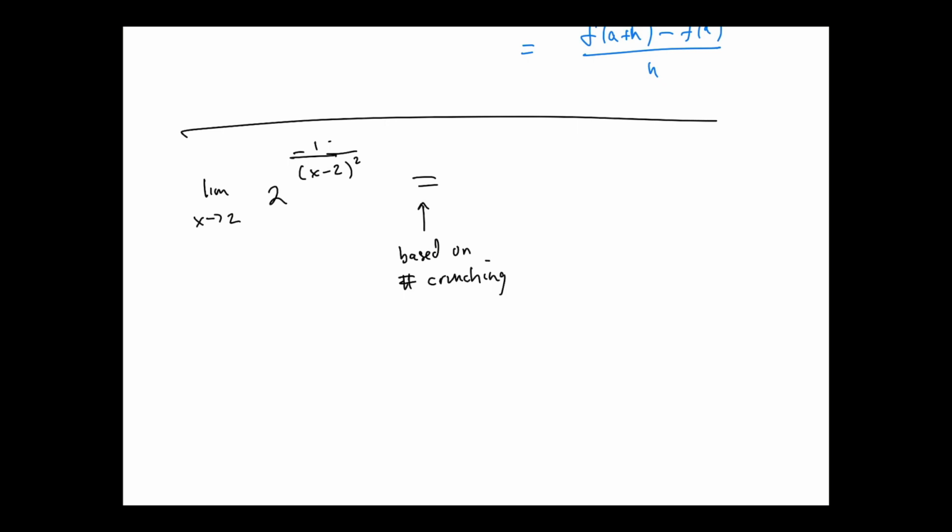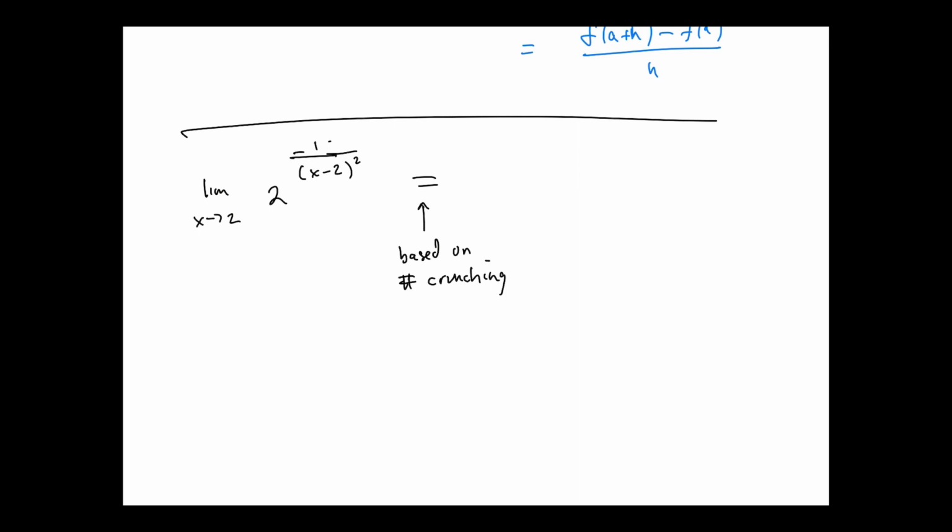Okay, so now here's the difference. Where did the 2 come from? The x values are getting close to 2. And what we're asking is, as the x values get close to 2, what are the y values getting close to? And that's 0.